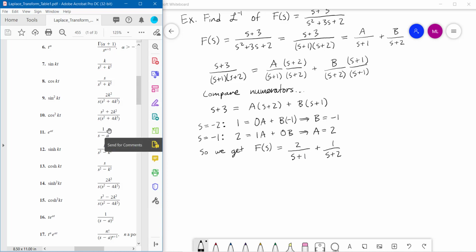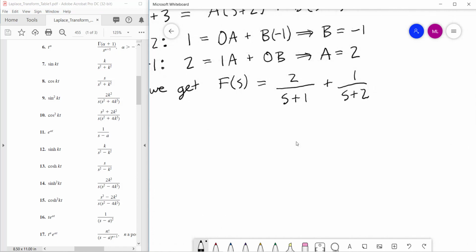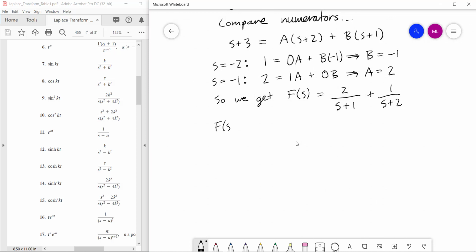I just need to notice the numerator is 1 in both cases. This has a numerator of 2, so I'll need to pick that part out. But basically, we can rewrite this as f of s equals 2 times 1 over s plus 1 plus 1 times 1 over s plus 2.